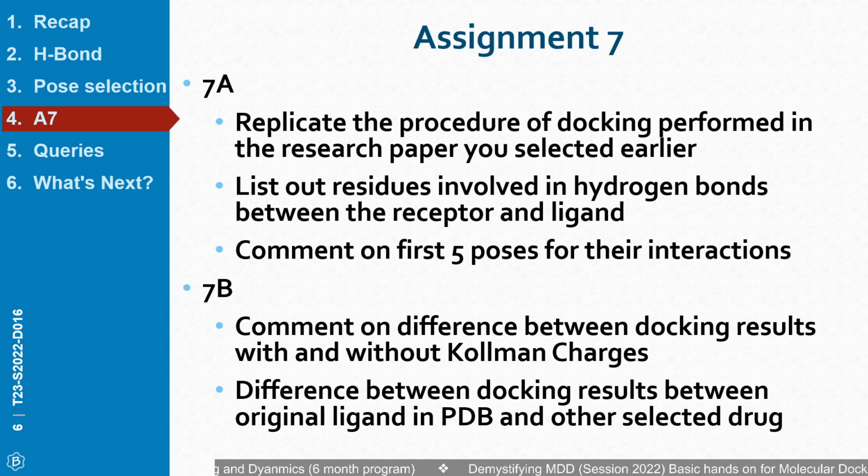So I would suggest you choose protein, RNA, or DNA, and dock it with a ligand or small molecule, because if you are doing protein-protein docking, this software will not be helpful, and for that we need to select some different software. So for this assignment, I would suggest you go for a drug only.